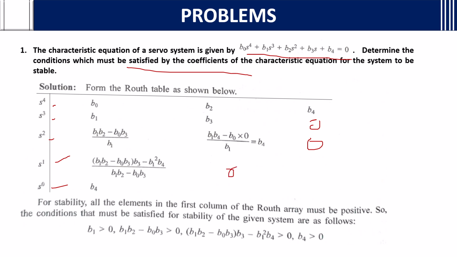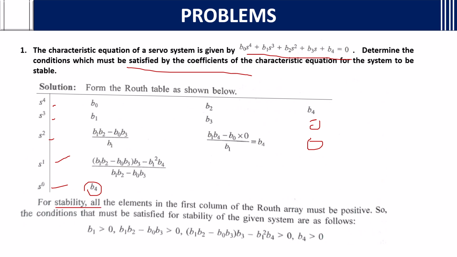Now you multiply these two: B1 B2 minus B0 B3, B3 minus B1 square B4, into B4, by B1 B2 minus B0 B3 minus 0. If you calculate this, finally you will be left with B4.